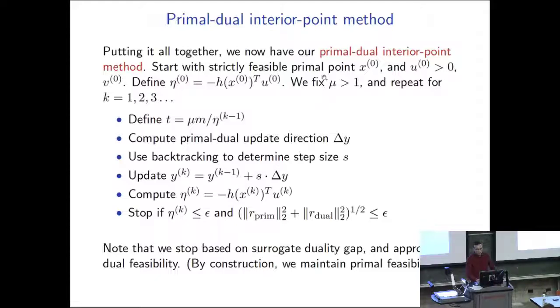So had we started with a feasible point overall, we would always have primal feasibility. That's just a matter of choice, whether we start with a point that satisfies Ax equals b or not. It may be more efficient not to start with that, because maybe that requires solving a large linear system to begin with. It's really dual feasibility that is the more difficult feasibility condition. We have really no way of maintaining that.